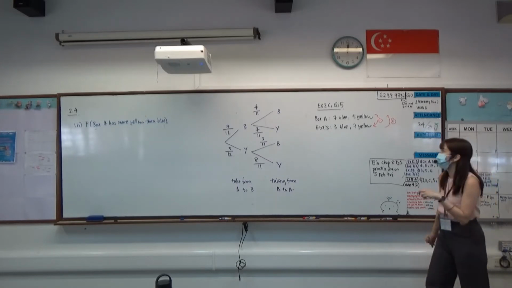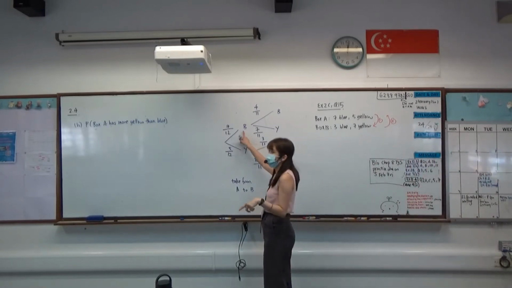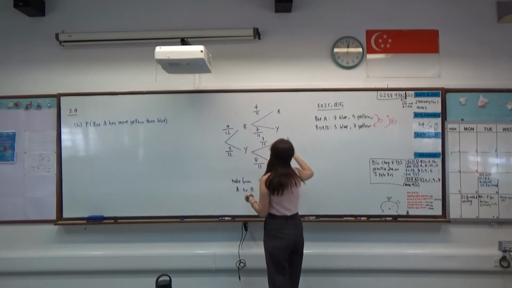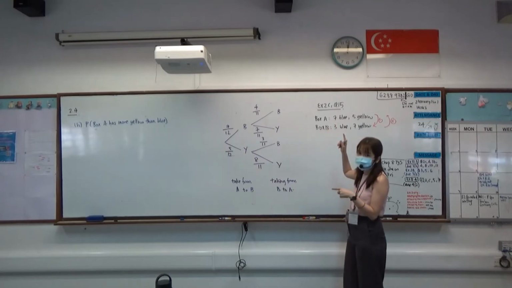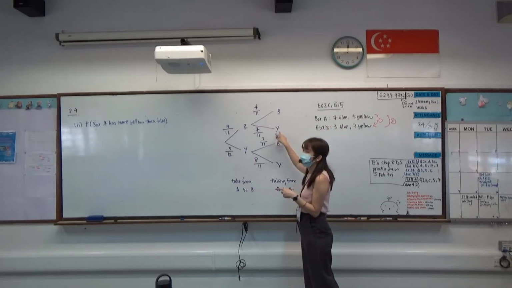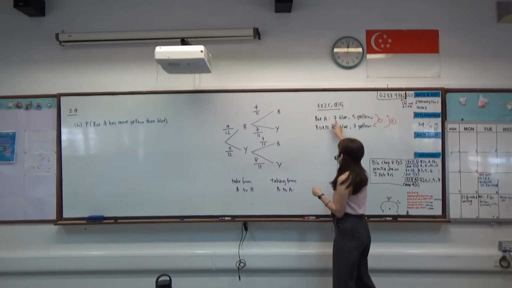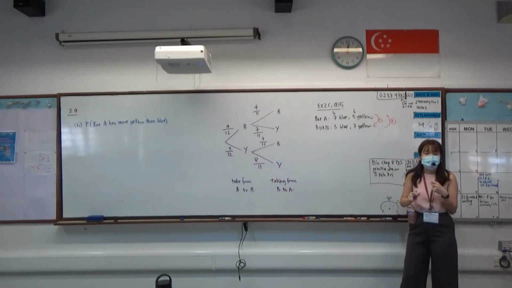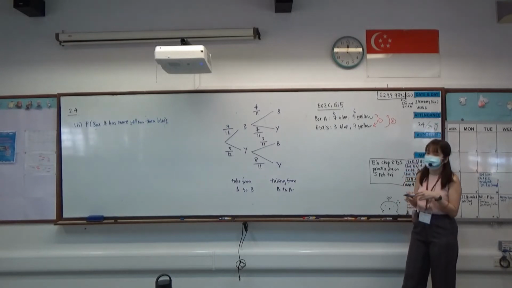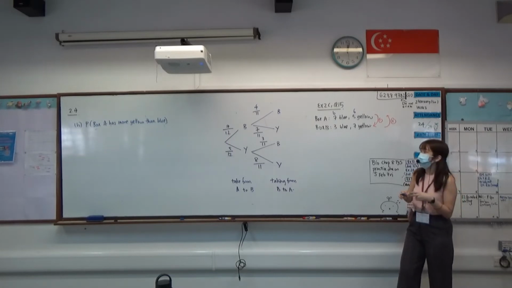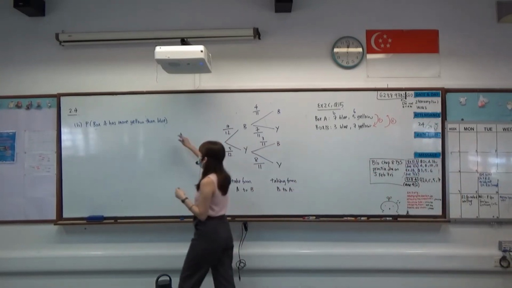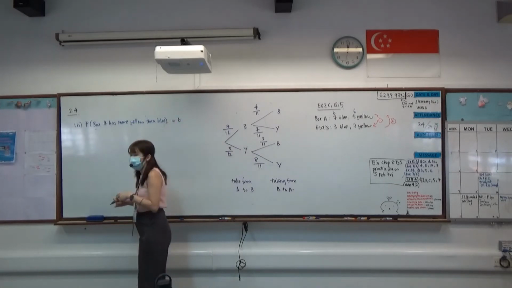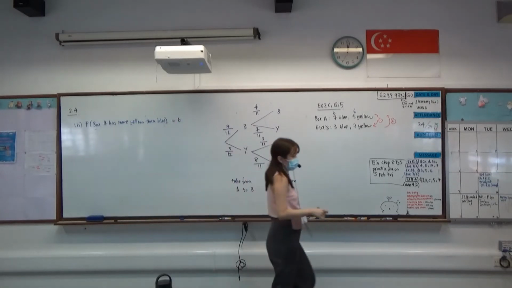No, right? Because if you started off even taking a blue one, which will reduce it by 1, and then after that, even if you replace it with a yellow one, I will only have 6 and 6. So that's the closest that we can get in terms of trying to increase the number of yellow and reducing the number of blue, right? So therefore, there is no chance that there will be more yellow than blue.